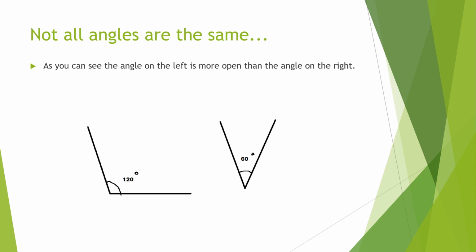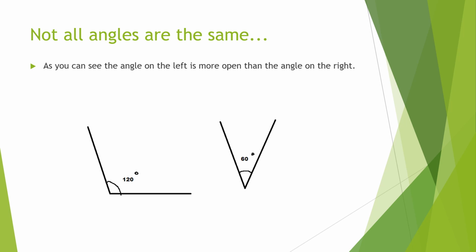Not all angles are the same. As you can see, the angle on the left is more open than the angle on the right. The angle on the right is more closed. We say open and closed when we measure angles, and we should measure how open and closed they are.